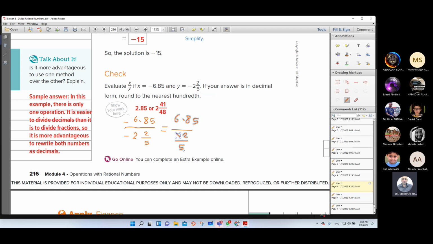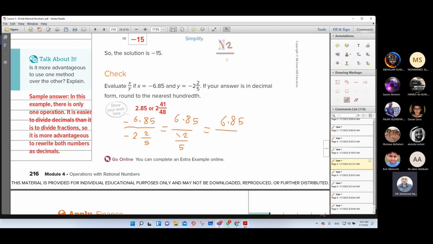So here you have two methods. You can change the decimal to a fraction, then do the division, or you can change the fraction to a decimal. It's up to you. I will keep it as a decimal, 6.85, and 12 over 5.